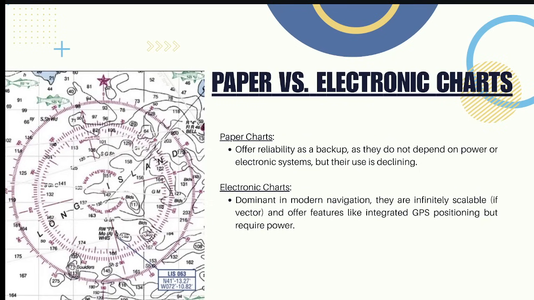Once there is no supply of power, you cannot access these charts. That's why we have an alternative approach, the paper charts, which we can use as a reliability backup. Okay?